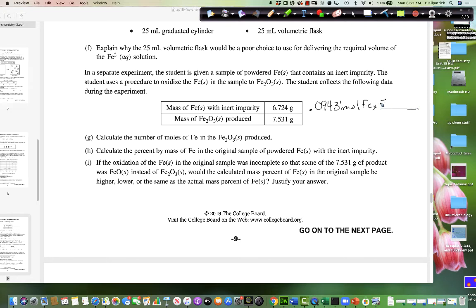How many grams is that? Well, that's going to be 5 grams, roughly. Okay, so in this mixture right here, there are 5.267 grams of iron. Well, take that and then divide that by the total. That gives you the percentage of iron in that. So, multiply that by 100 because it's asking for a percentage. You get 78.33.